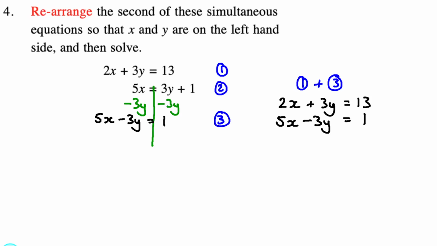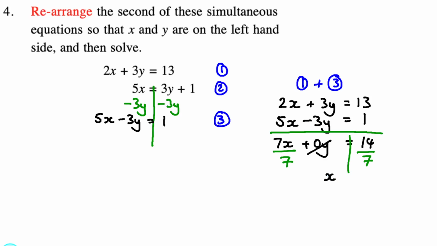If we add these two, we've got 7x. These two terms cancel, so I've got plus 0y, which cancels out, equal to 14. Then finally, I'm going to divide both sides by 7, which gives me x is equal to 2.